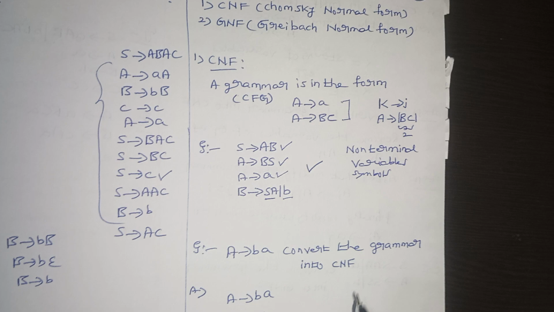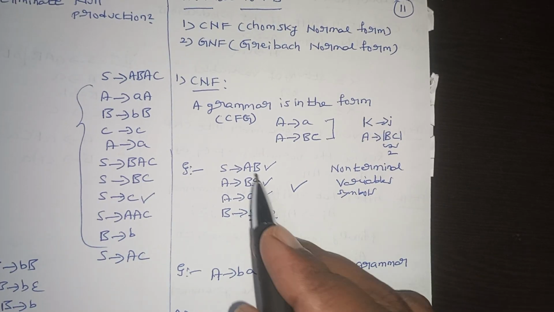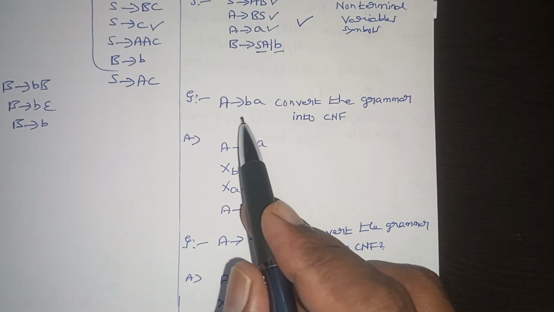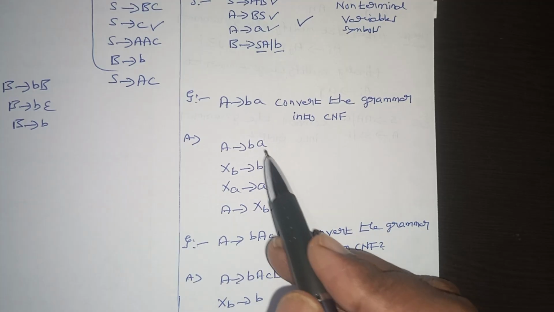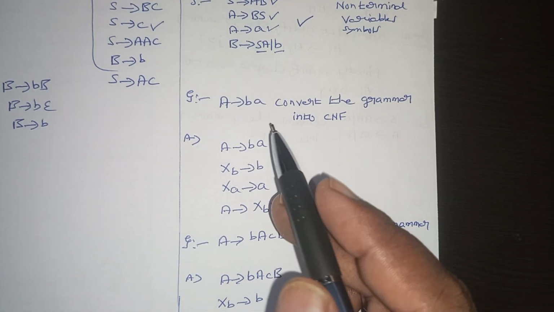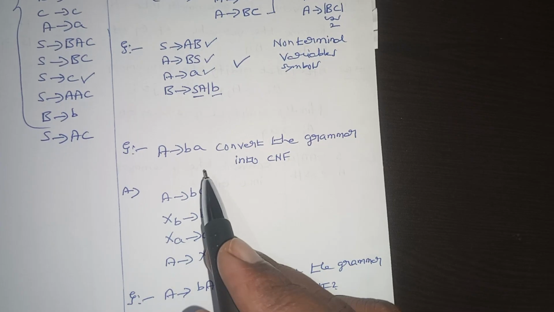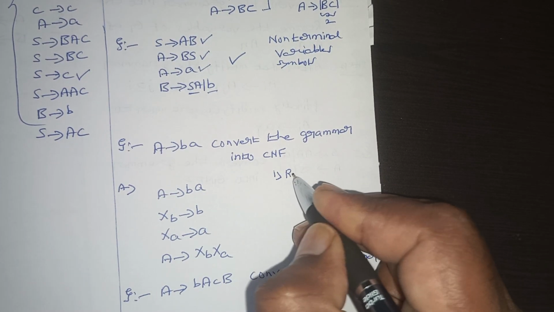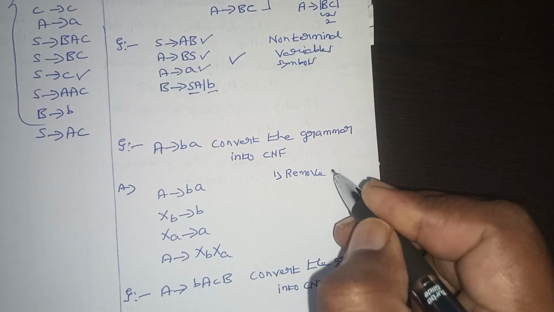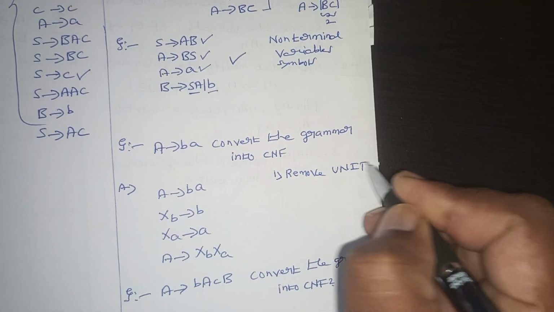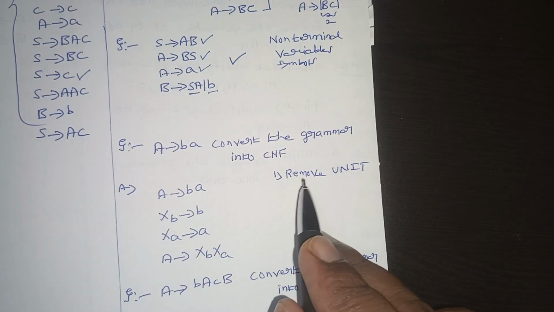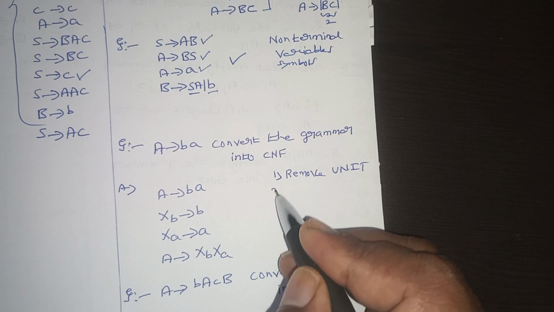Before converting the grammar into Chomsky normal form, this grammar must be simplified. First, remove unit productions. It means in the grammar there must not be any unit productions. That you have to make sure.